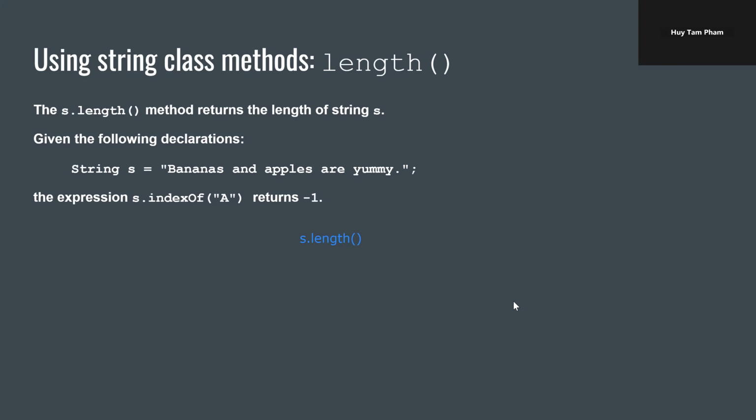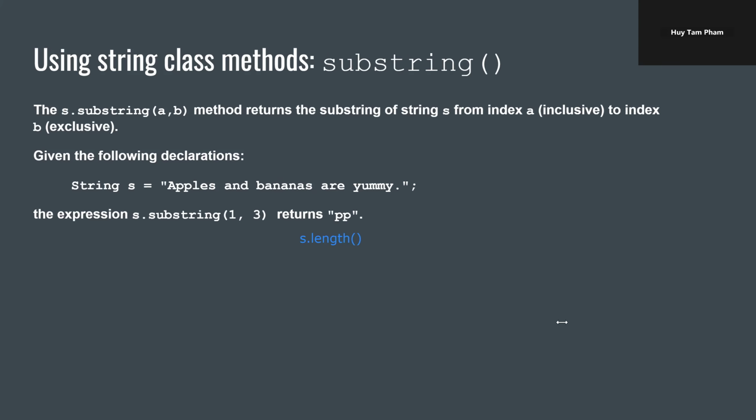Okay, we can definitely move on to our next method that is called substring. Substring is the method that returns the substring of s from index a inclusive to index b exclusive. And what do I mean by that? Let's have a look at our example. Our example says string s equals apples and bananas and yummy, the sentence with a full stop.